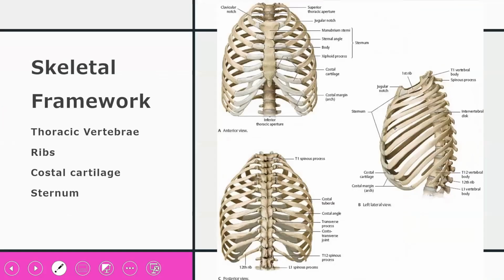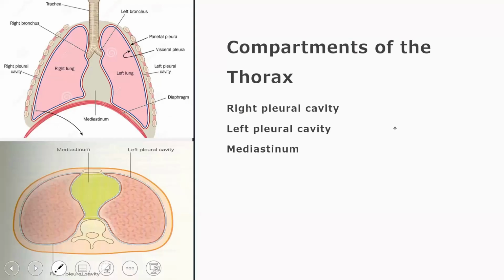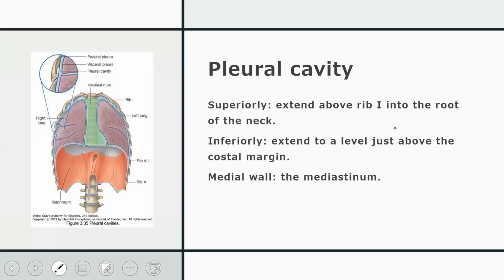And the pleural cavity extends up to that level. On the medial side, you have the mediastinum. So it's bound by the mediastinum in the medial aspect, the thoracic wall on the lateral aspect. Below you have the diaphragm, and superiorly it extends just above the first rib.